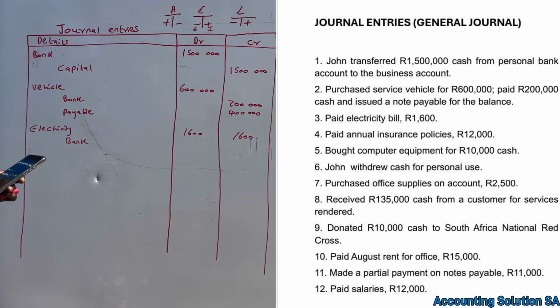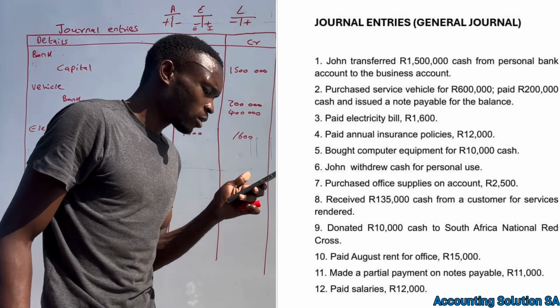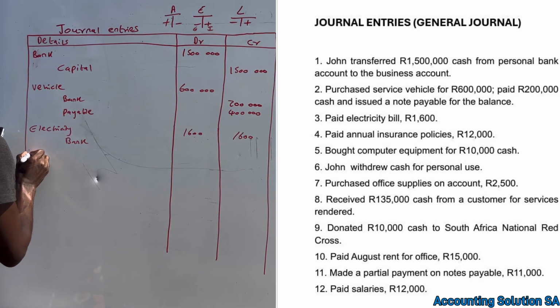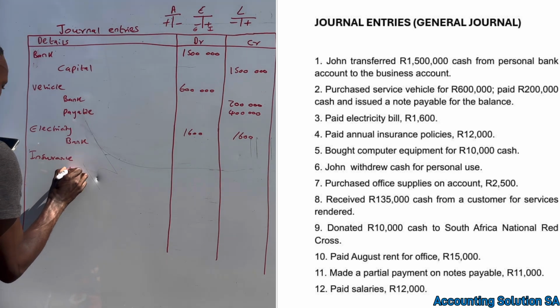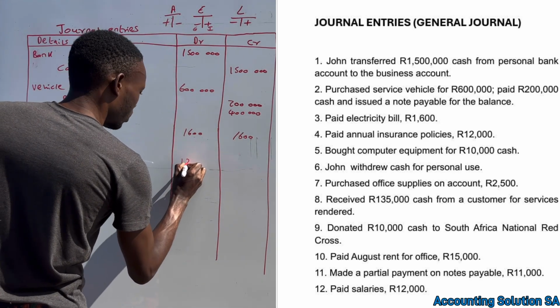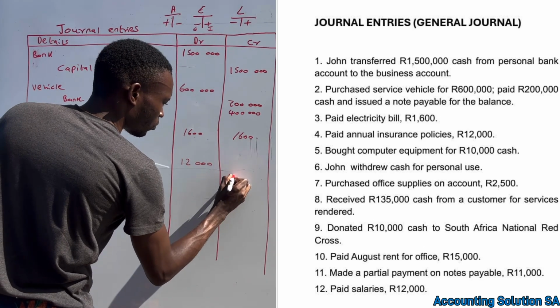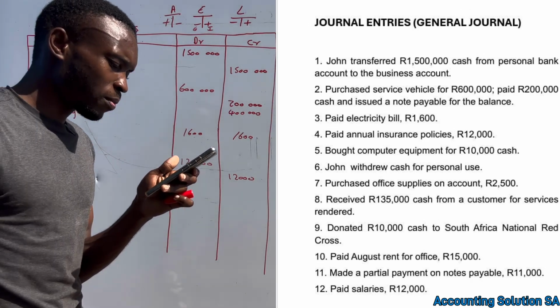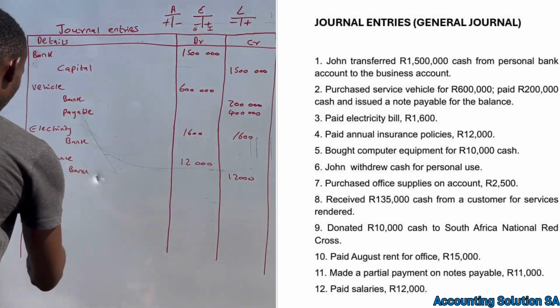Okay, number 4, paid annual insurance policy of 12,000. We paid insurance, it's similar to the previous one, bank, and the amount is 12,000. And the next one, bought equipment for cash, is going to be similar.